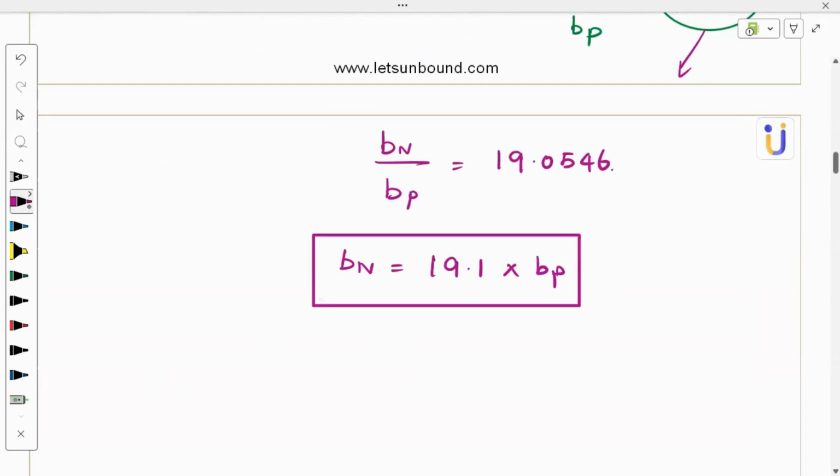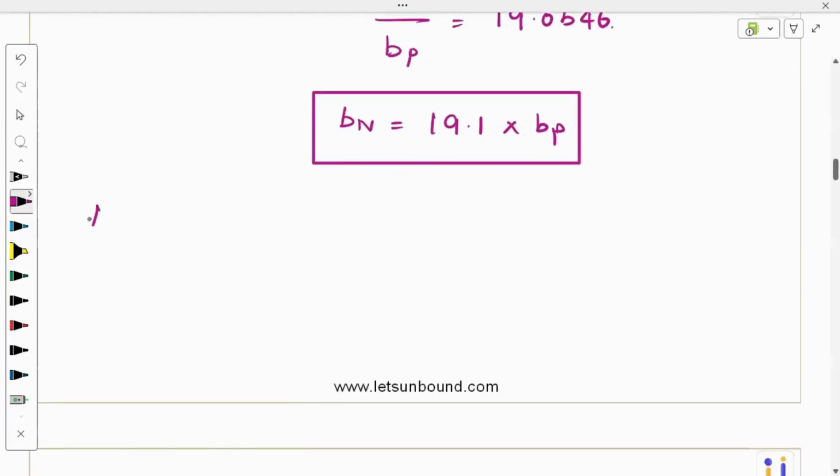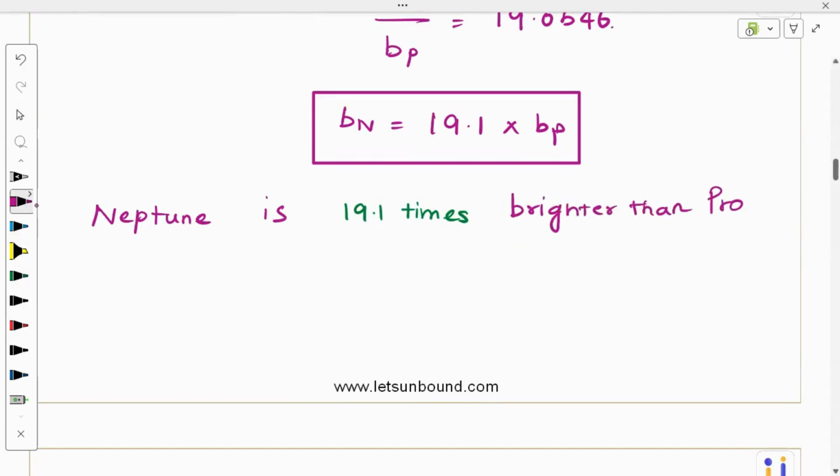We can express it in this way. So how many times? Neptune is 19.1 times brighter than Proxima Centauri.